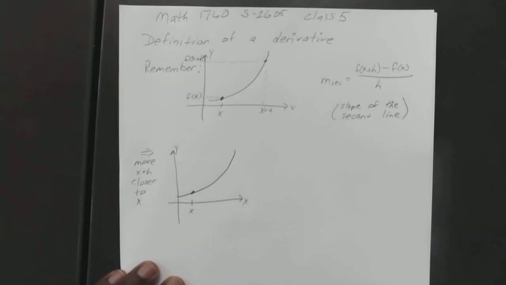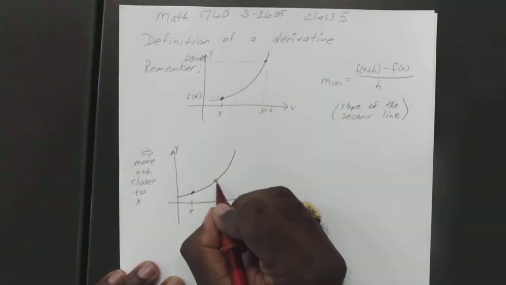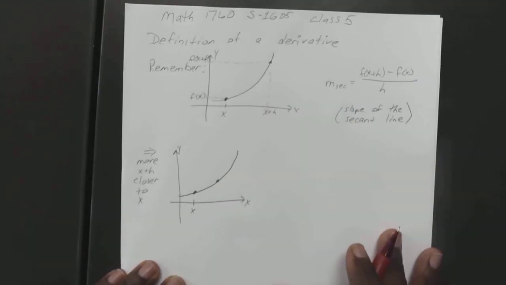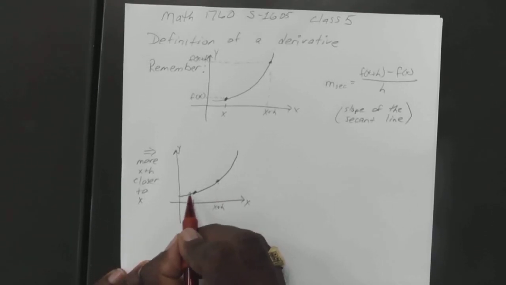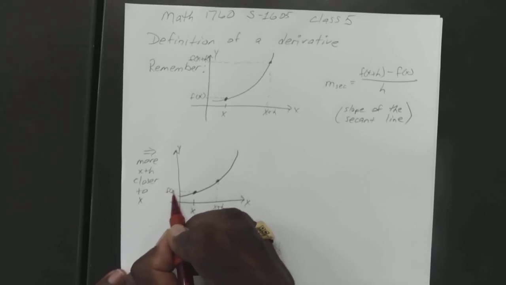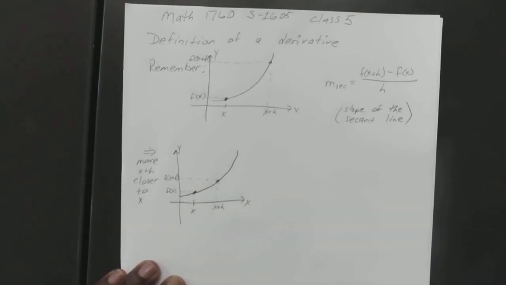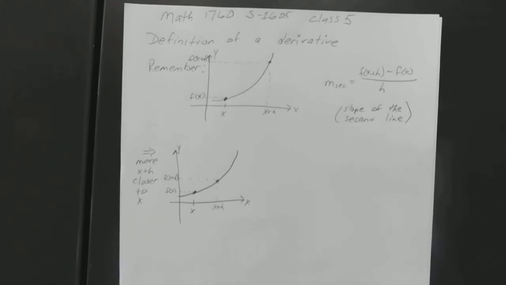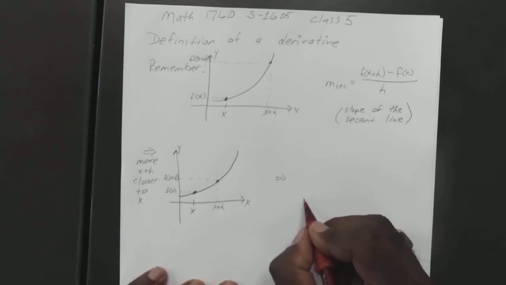Let's say this is our x, and instead of up here, we move it down to here. Well, this is our x plus h. Again, this is our f of x, and this is our f of x plus h. So what if we move it just a little bit closer, and keep moving it closer and closer?